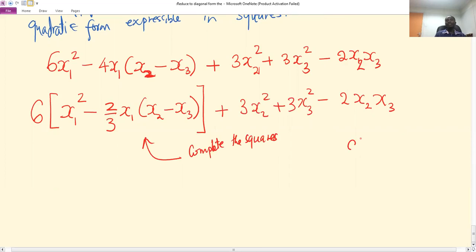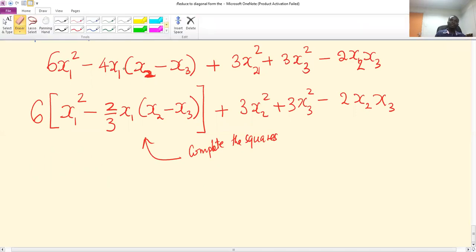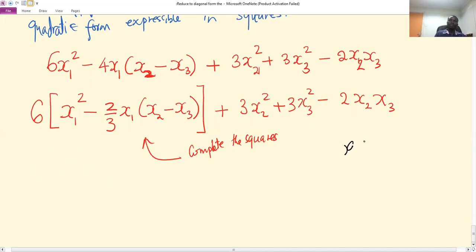If you have a quadratic expression, x squared plus bx plus c, then to complete the square, once you have ensured that the coefficient of the variable squared is 1, you take the coefficient of x, divide by 2, then square, add on to the expression, and then subtract so that you don't change the meaning of the original expression.